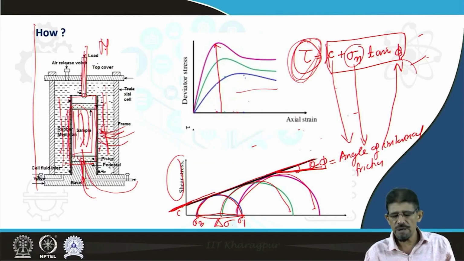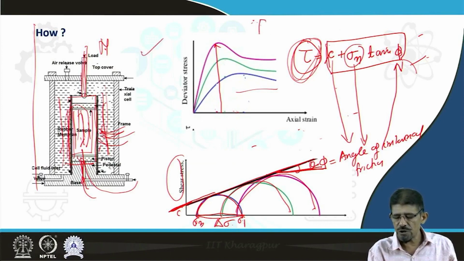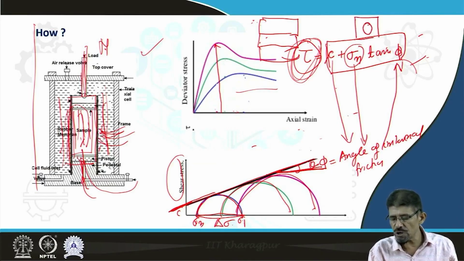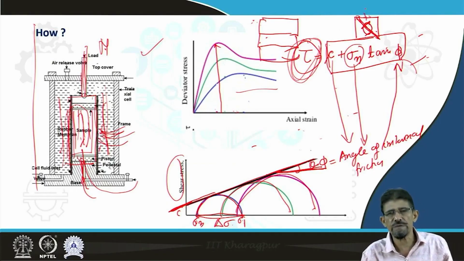Besides this, similar to tension, we have the direct shear test. In this, we put samples and provide a tangential load, or we make some system where we put a cut, so as to provide a direct shear stress condition.